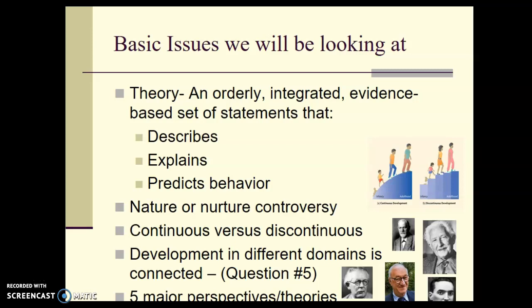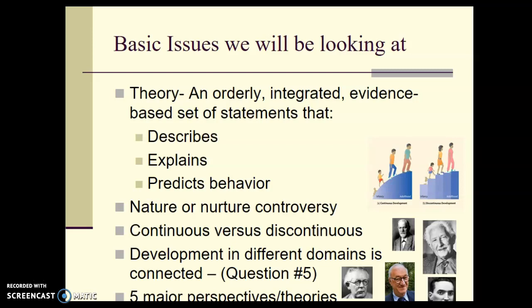I'm sure you've heard of classical conditioning or operant conditioning in psychology when you took that in high school or in college. The third is the cognitive perspective, and this is mainly Piaget, our biggest influence for the cognitive perspective, and we'll learn a lot about Piaget and his theories in this class.